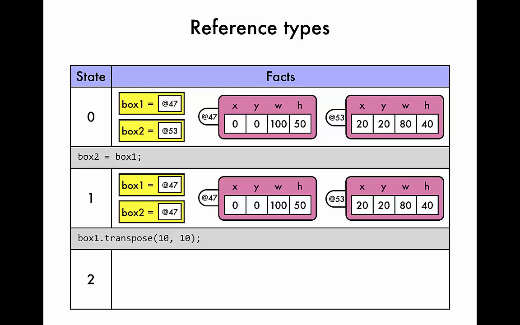Some of you may be wondering what happens to the other rectangle at address 53. Well, that rectangle was created when we initialized box 2, and now box 2 is pointing to a different rectangle. Since there are no other variables referencing that rectangle, there is no longer any way to access it.